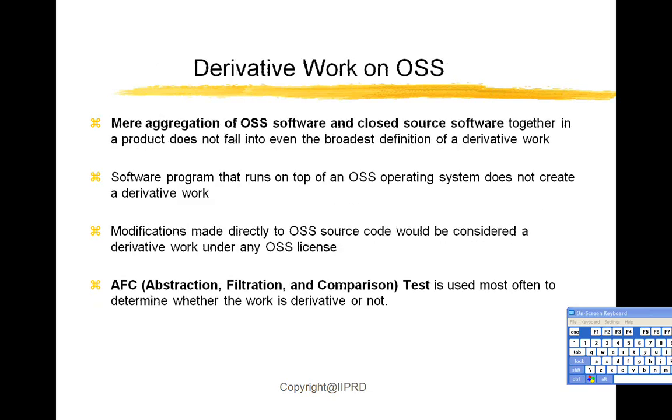What is construed as a derivative work on an open source software? A mere aggregation of an open source software with a closed source software together does not fall under the broadest definition of a derivative work. So if there is an original source code that a person or an author has written and he combines it with the open source software, it would not be considered open source software again, and therefore it would not be a work of the open source software.